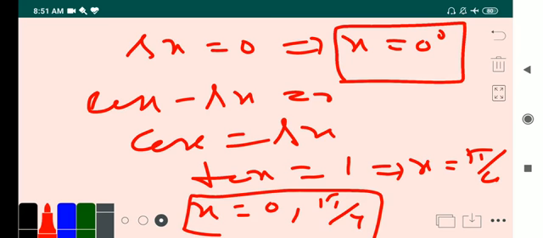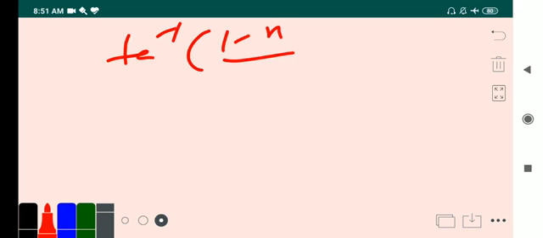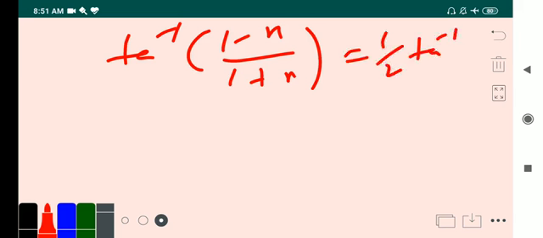Let us take one more question based on this. Question: solve tan inverse of 1 minus x upon 1 plus x equal to 1 by 2 tan inverse x. Here solve means we are supposed to find the value of x.